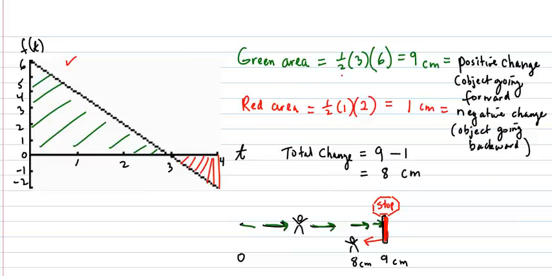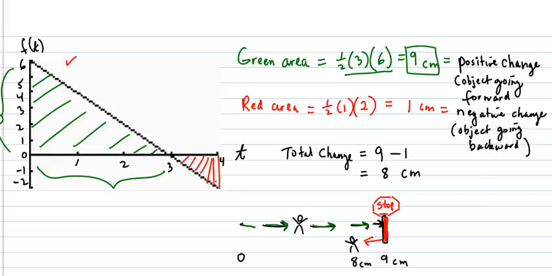The green area is 1/2 base times the height. Okay, 1/2 base times height turns out to be 9 centimeters. That's the positive change going forward that the object did during the journey.